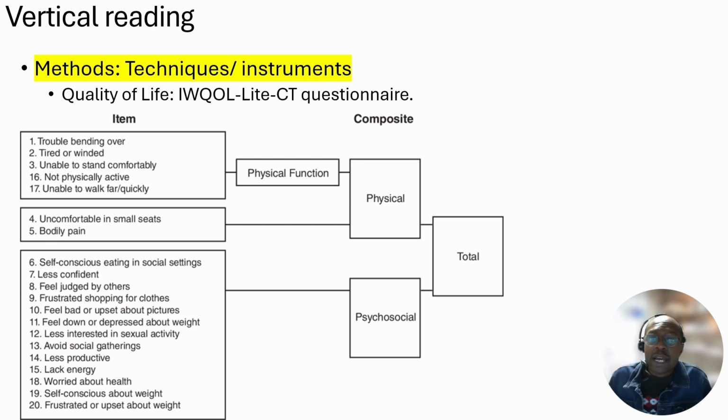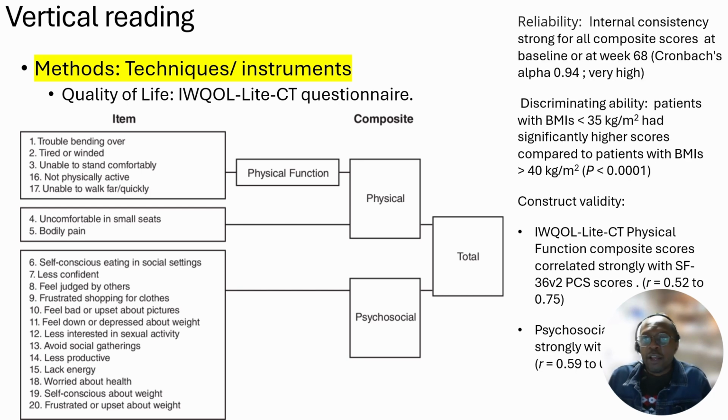But do these questions really measure physical wellness? That's where there are statistical methods to assess this. Reliability is one of them. Is there internal consistency? The measure used for that is Cronbach's alpha.